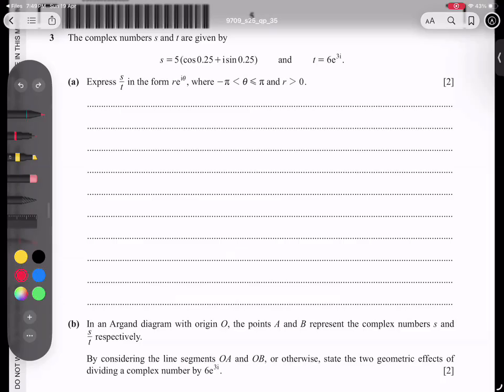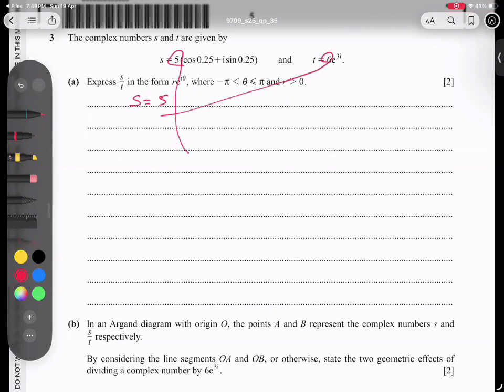So two options: either convert into exponential form or convert this polar form. Because ultimately we have to answer in exponential form, it is better to convert this polar form into exponential form. So let's try to do it. Okay, so I got S is equal to 5, because outside is the modulus.